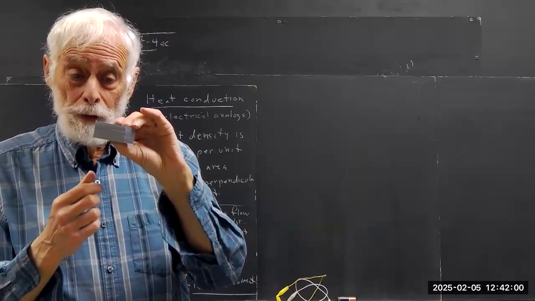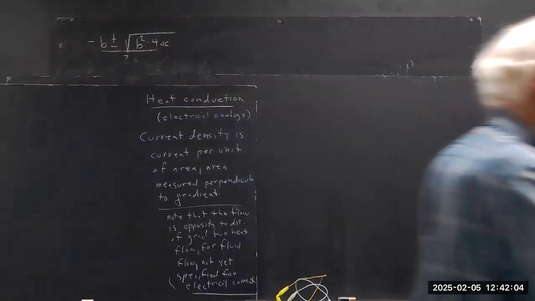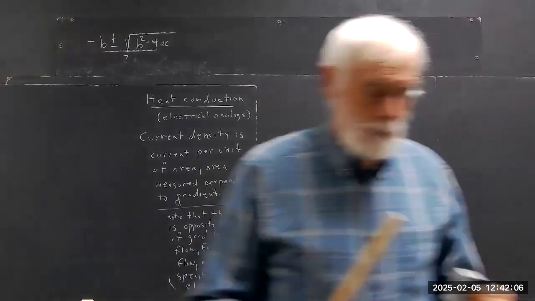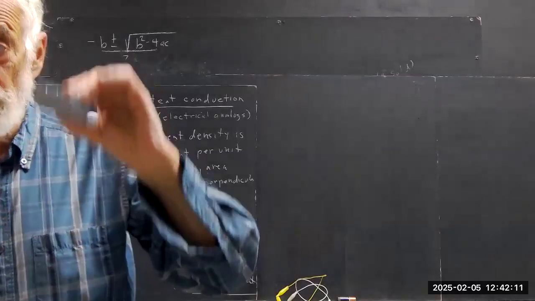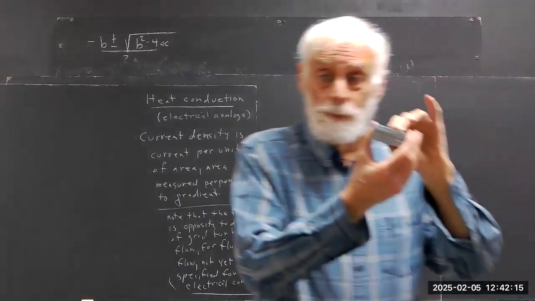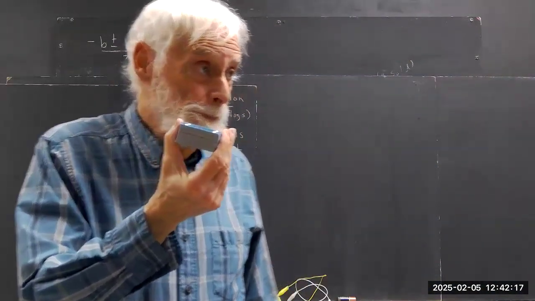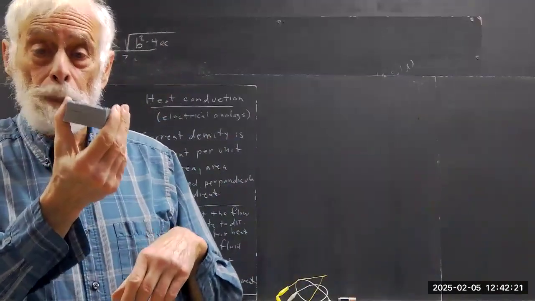And the temperature gradient then would be 40 degrees divided by this distance. And this distance is, using the meter stick, about 3 centimeters. That's about 40 degrees per 3 centimeters, which comes down to 13 1/3 degrees per centimeter.